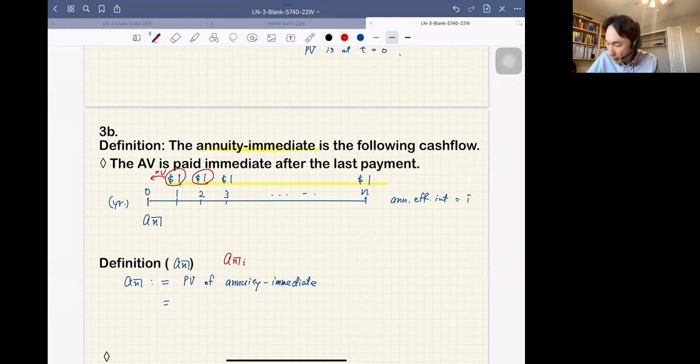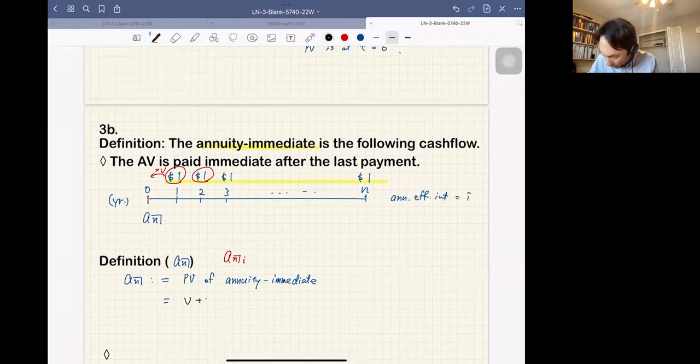So the present value is v plus v squared plus v cubed, up to v to the nth power. That is v times (1 minus v^n) over (1 minus v), again a geometric sequence.